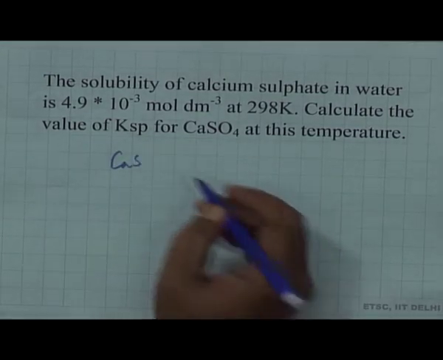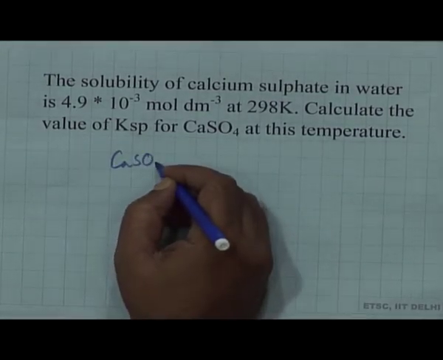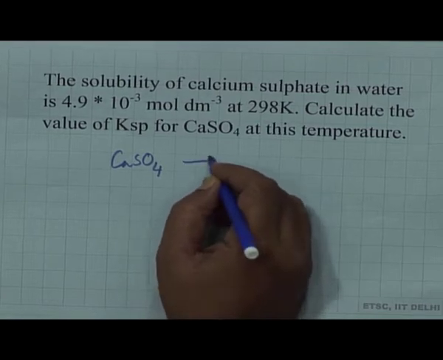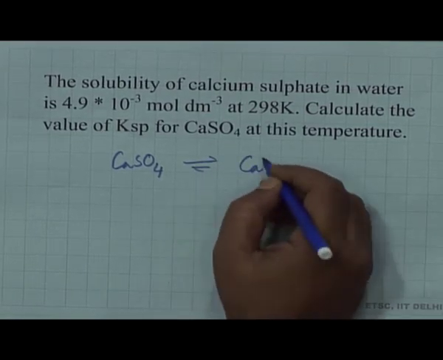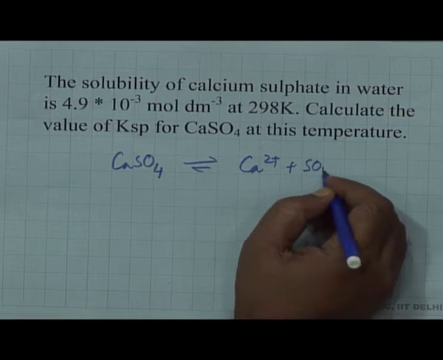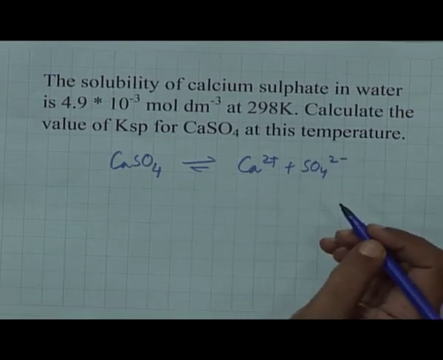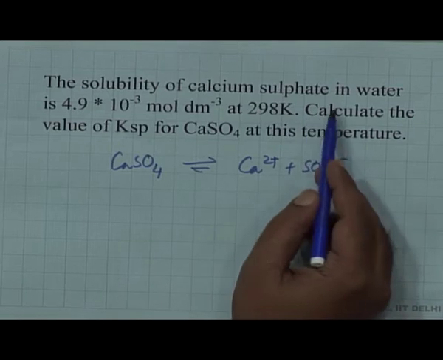Here solubility is given. Suppose this is calcium sulphate, this breaks to give you calcium 2+ and sulphate 2-.